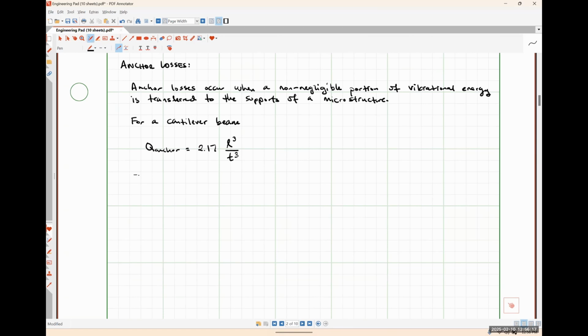To cancel or mitigate anchor losses, geometry can often be exploited.